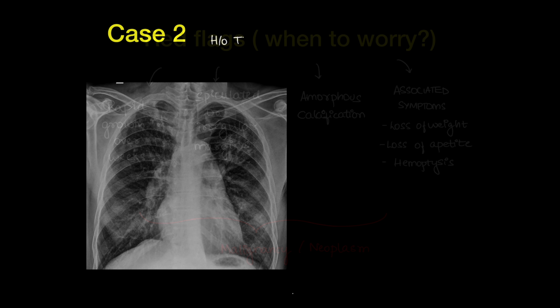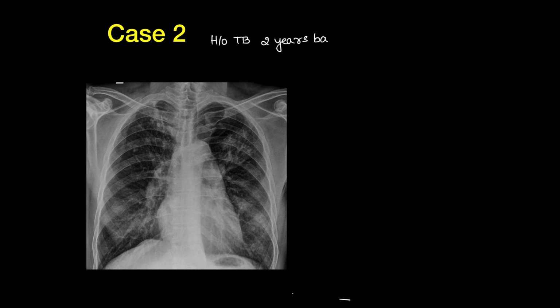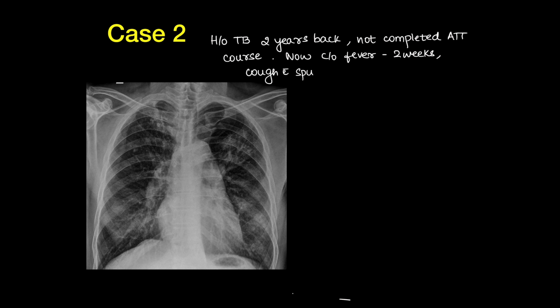Now that we know how to describe nodules on chest X-ray and how to come to a differential, we will see cases. Here we have a patient with a history of TB 2 years back, who did not complete the antitubercular treatment course. Now he comes with fever since 2 weeks and cough with sputum since 2 weeks. Here we can see patchy areas of abnormal opacities on chest X-ray PA view. Some nodules can be seen, and let's describe them.